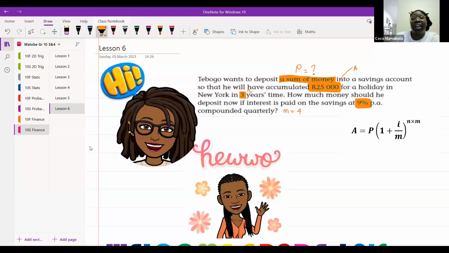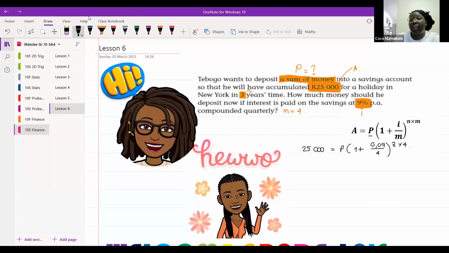We have our interest rate. Interest rate is 9%. And compounded quarterly means that M is equal to 4. So what we're going to do is substitute and solve for P in this particular case. So I know that A is 25,000. So I'm going to write 25,000 equal to P, open brackets, 1 plus 9%, or you can write 0.09 over 4, close brackets, to the power of 3 times 4.